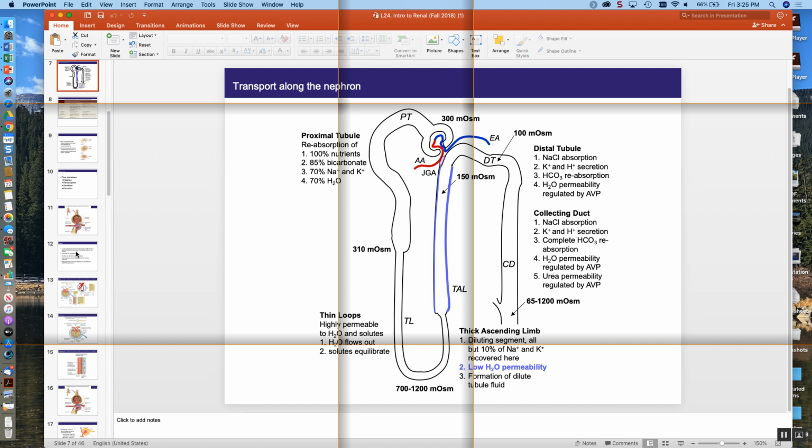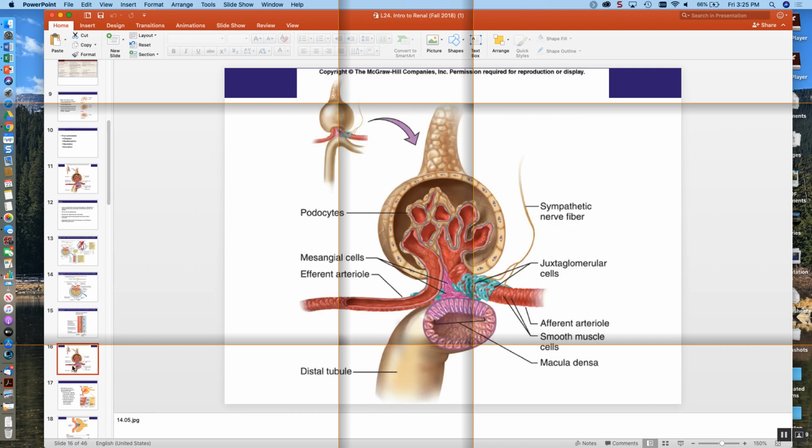So we're only looking at this section right here. So that's what this represents, okay? This is the distal tubule, and the macula densa cells are detecting the flow through that area.